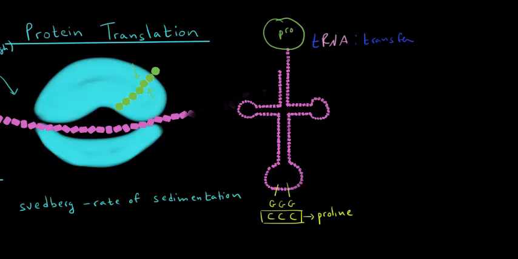And it happens to be that the bond between the amino acid and this tRNA molecule is a very high energy bond. It's relatively unstable, and just keep that in mind because we'll talk about that a little bit more later. Let's do this again so that we get a clear idea of what's going on. Let's say that the codon that we're looking at did not read GGG. Let's say it read UUU.